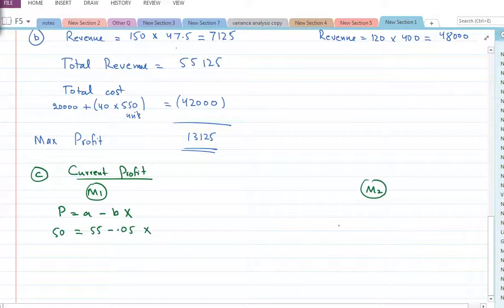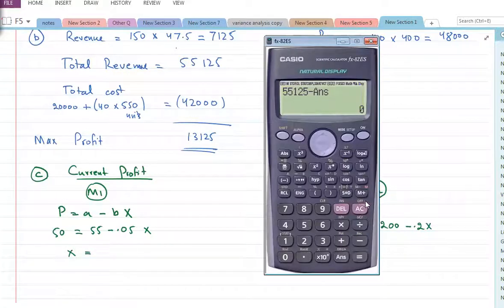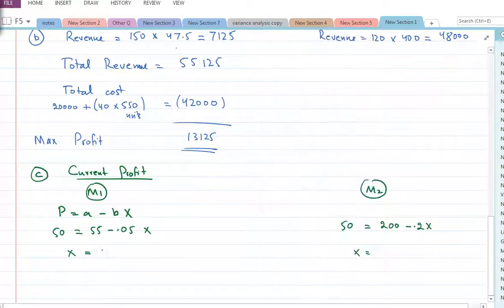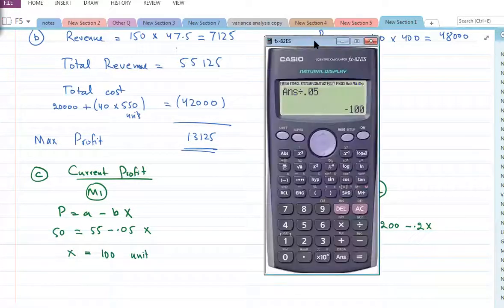Similarly, for the second market, the price is the same, 50, A is 200, B is 0.2 and X. So this will give us the quantity, right? So 55 moves to the other side of the equation. So that will be 50 minus 55 divided by 0.05, which will be 100 units in market one. That's what we are selling in market one.